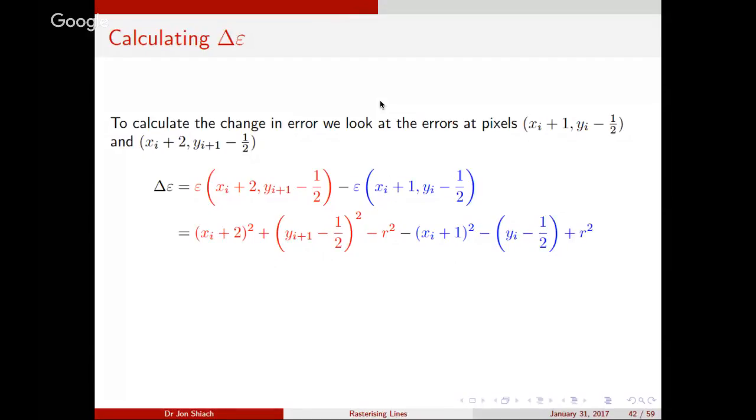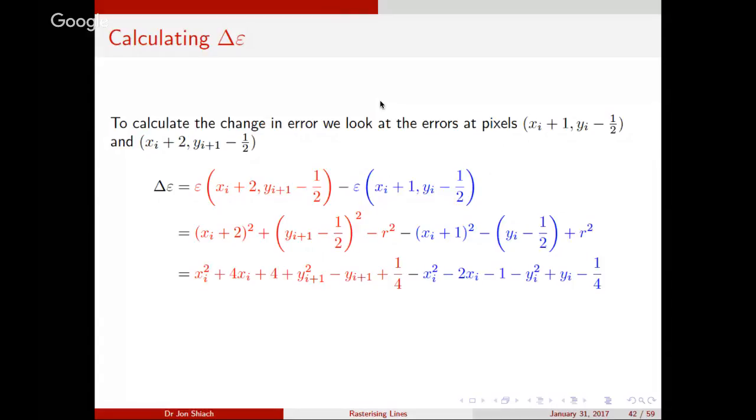So there's your x squared, so x was x plus 2. So there we have, there's your y. That's y squared minus r squared. Minus x squared minus, oh, there should be a squared there, y squared plus r squared. Okay, so the r's are going to cancel out. That minus r squared is going to cancel out with a plus r squared.